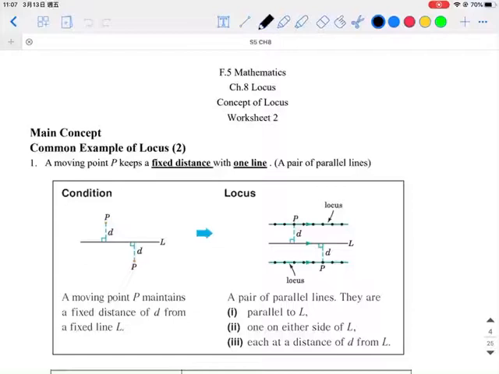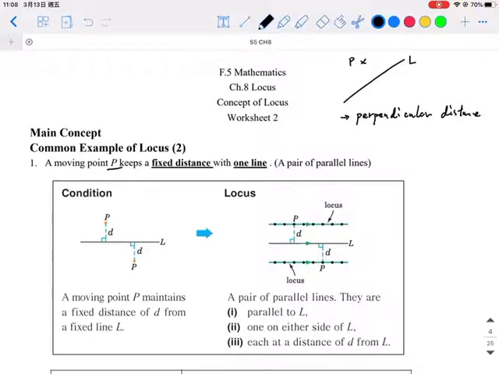In this video, I will show you the concept of another two locus. The first one is that P keeps a distance with one line. First of all, how do you know the distance between a point P and the line L? It should be the perpendicular distance.